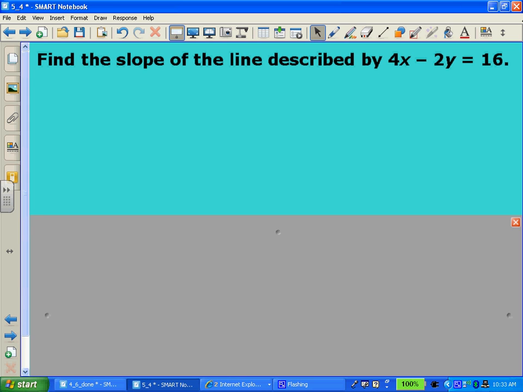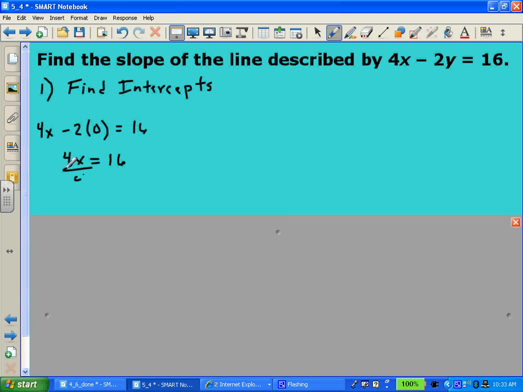Now, the next part I think is probably the most important part, and that's being able to find a slope from an equation. Now this takes a few more steps. Now let's remember back to 5-2 when we found the intercepts. So the first thing we're going to do in this problem is find the intercepts. And if you remember, we do that by letting y be 0. That's going to give us the x-intercept. So that gives us 4x equals 16.